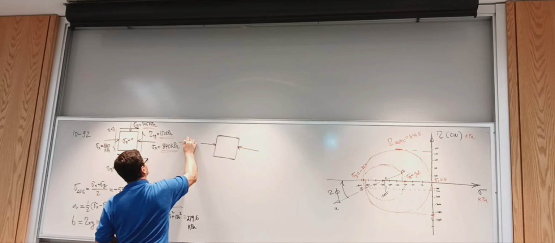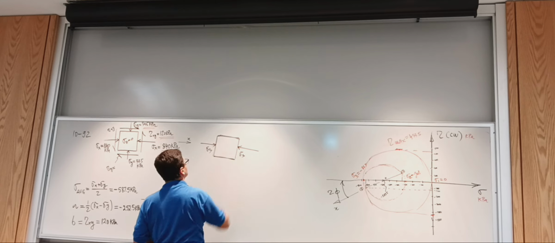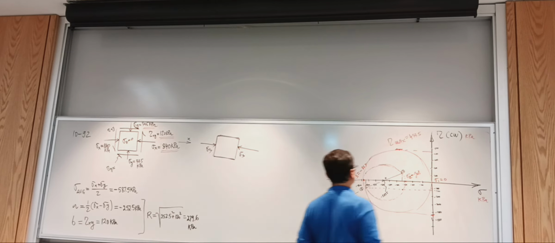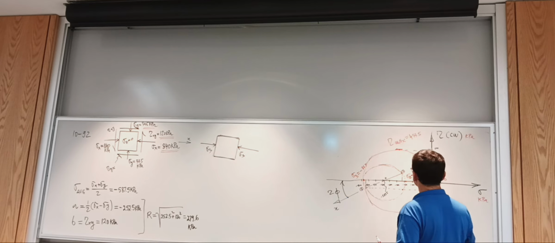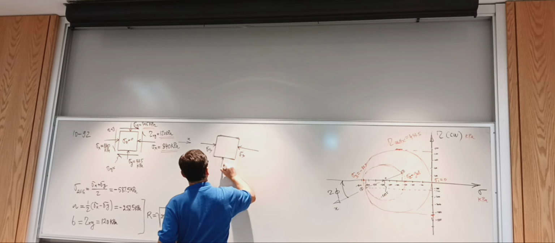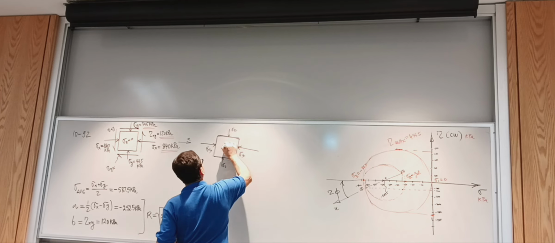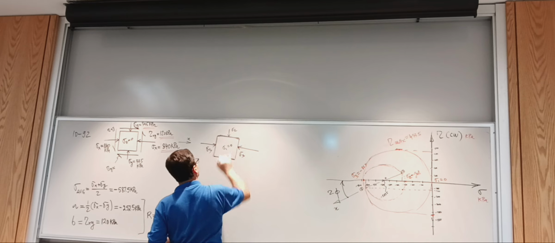So this will be sigma 3. And then we have the other stress, sigma 2, also compressive. It will be less. And sigma 1 is 0 on the surface.